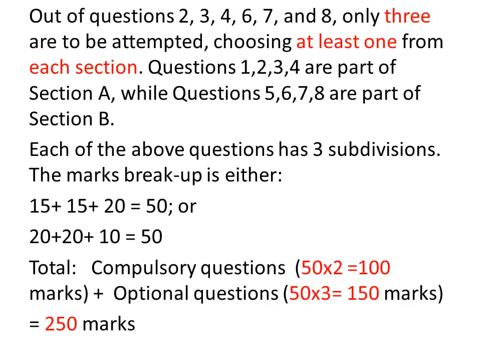Out of the rest of the questions, meaning questions 2, 3, 4, 6, 7 and 8, you have to attempt only 3, and that's 50 marks each again. Choosing, however, at least 1 from each section.